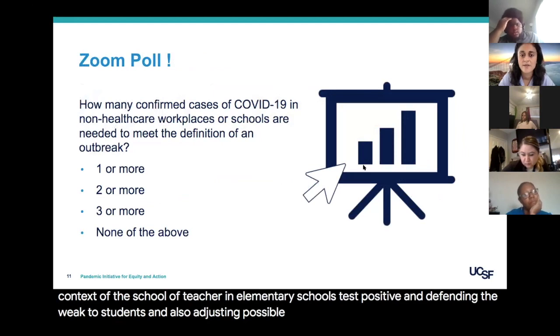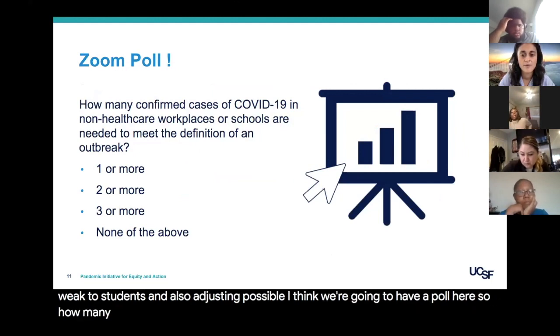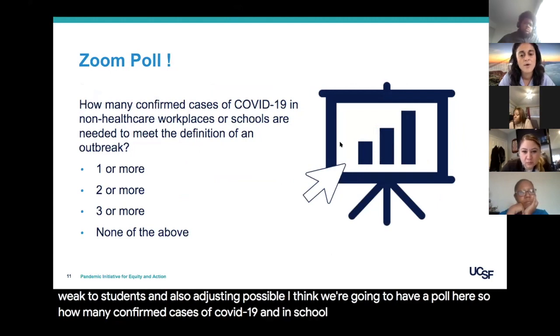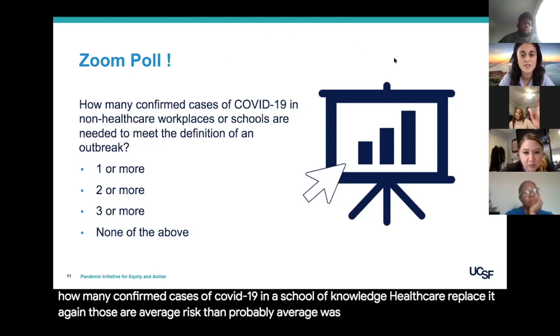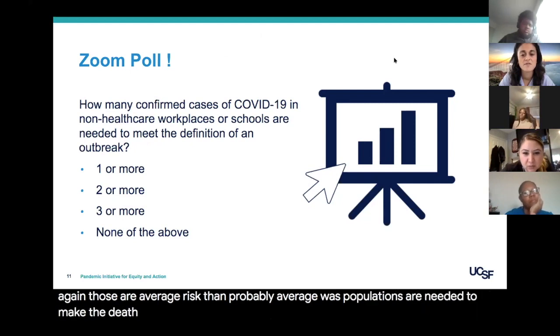Okay, so I think we're gonna have a poll here. How many confirmed cases of COVID-19 in a school or non-healthcare workplace, and again, those are probably average risk populations, are needed to meet the definition of an outbreak? So go ahead and respond.